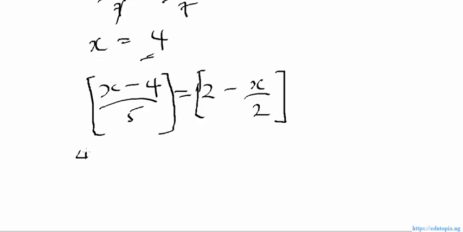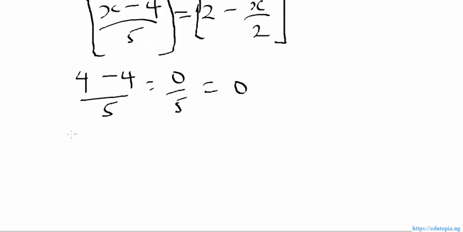Now I have 4 minus 4 over 5. 4 minus 4 is 0 over 5, and 0 divided by 5 is equal to 0. Now let's check 2 minus x over 2, which is the right hand side.